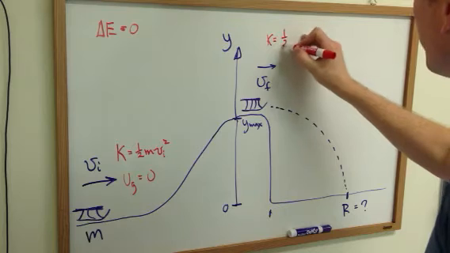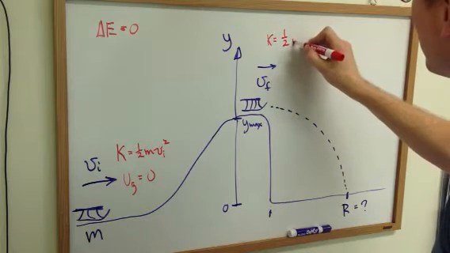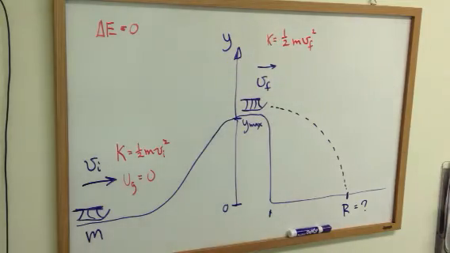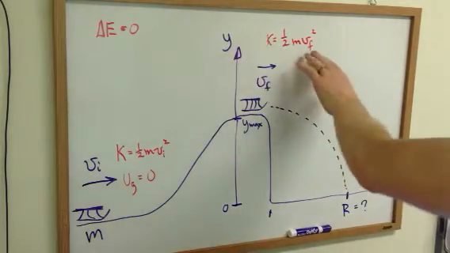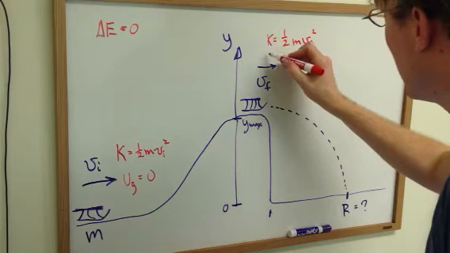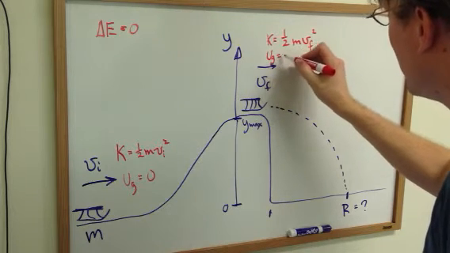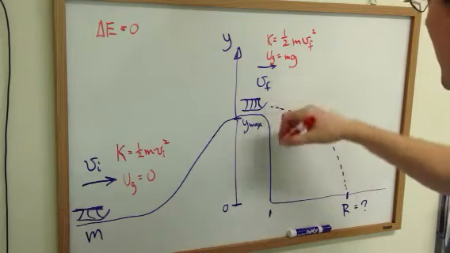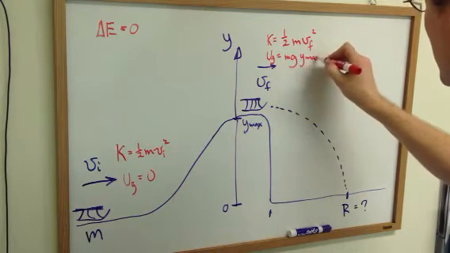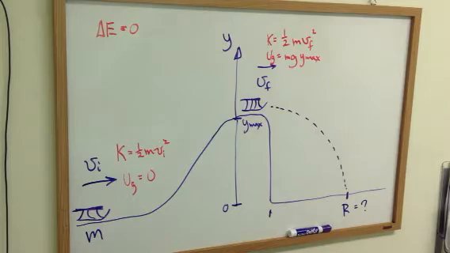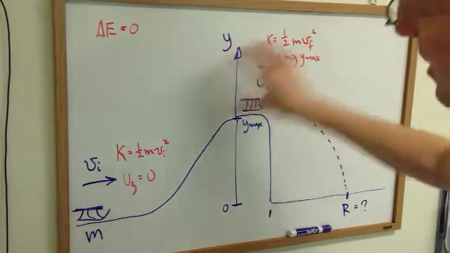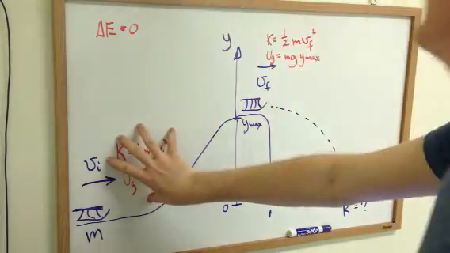The total energy up here is going to be a combination of the kinetic energy, which is still some left but less, and a whole bunch gained by m g y max, however high we are. Because we know y max, we know m, and we know the initial velocity, the total energy up here is going to be equal to the total energy down here.